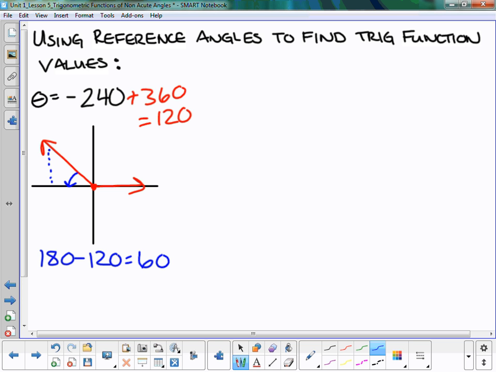So this angle here, my reference angle, we said was 60 degrees. The side across from 60 is the square root of 3. Whoops. The hypotenuse is 2. And then the other side is 1.